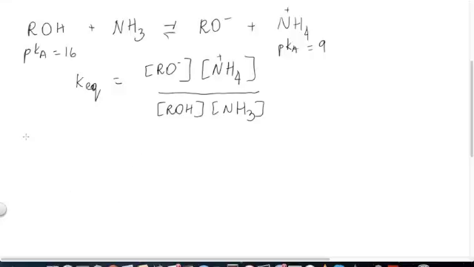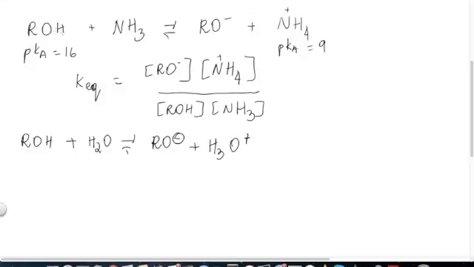So let's see how we can use the pKa to calculate this value. Let's first look at alcohol and its reaction with water, where alcohol is acting as an acid. This would produce, again, familiar alkoxide ion and hydronium ion.